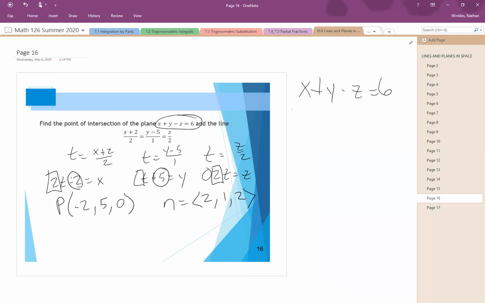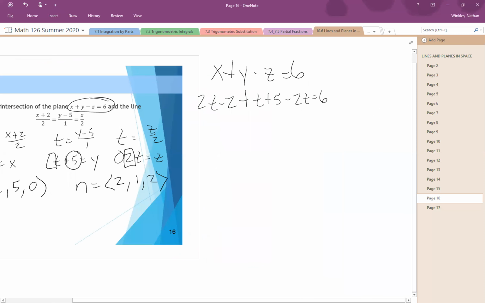So we have 2t minus 2 plus t plus 5 minus 2t equals 6. So we have t, and minus 2 plus 5 is plus 3, equals 6. So t equals 3.